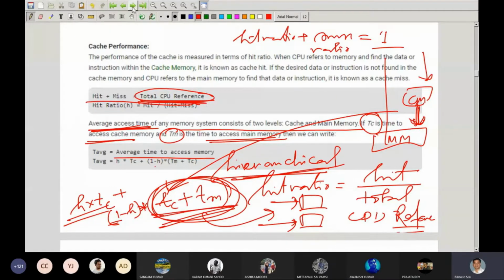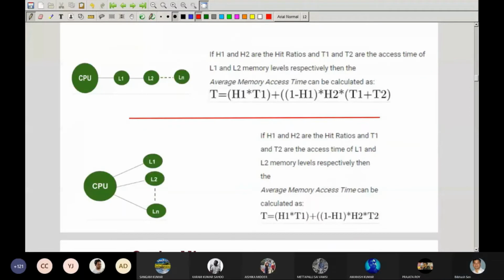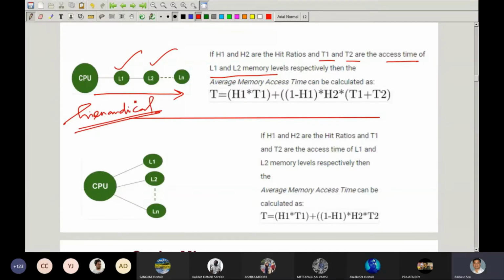So see, in these cases, if H1 and H2 are the hit ratios and T1, T2 are the access times of the L1, L2 memory, you just notice it is serially connected, or you can say hierarchical. You know the hierarchical concept like a tree structure: first root, then subtree, then the subtree's child.